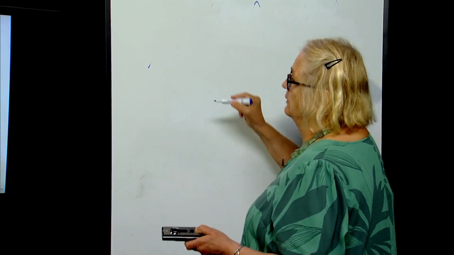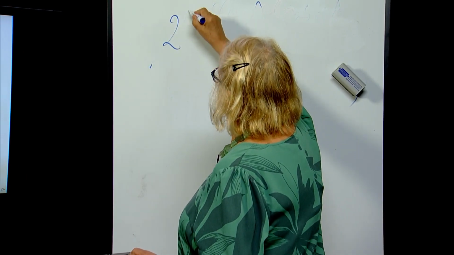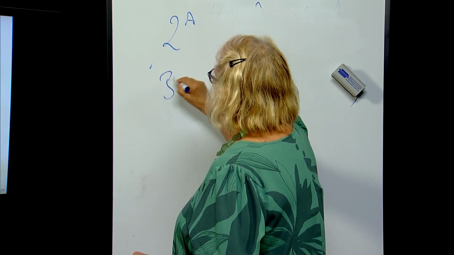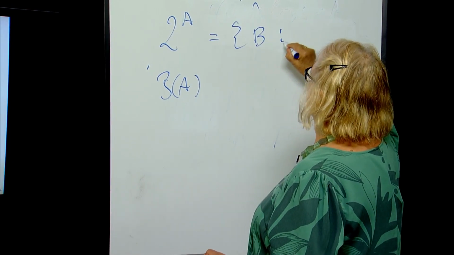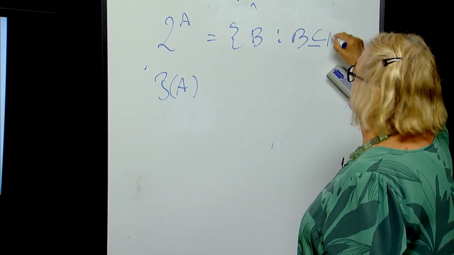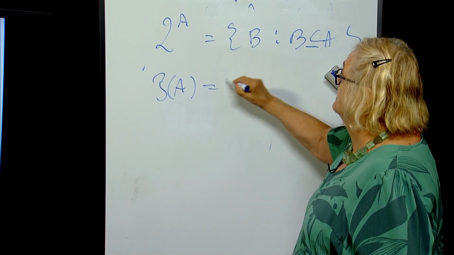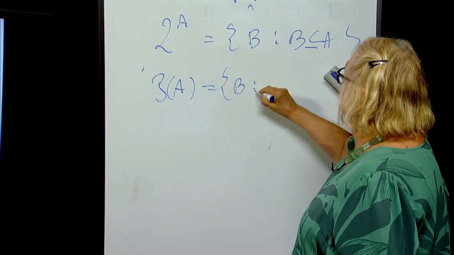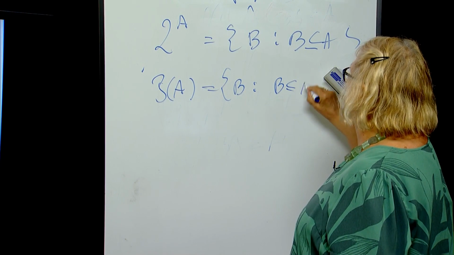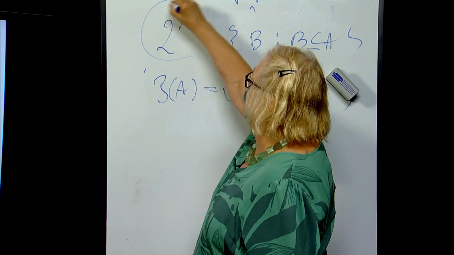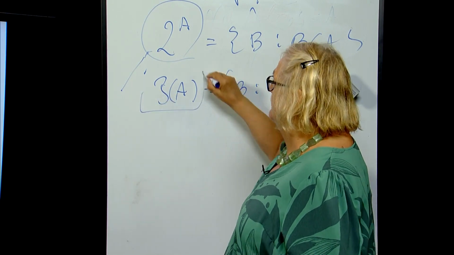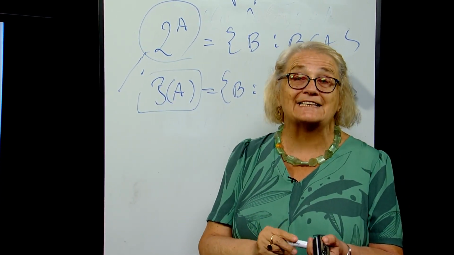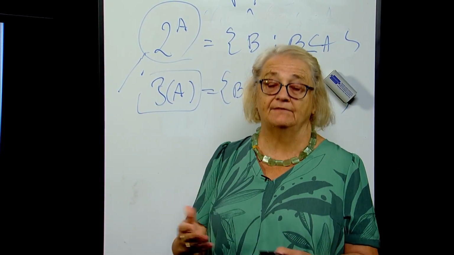So we will use two notations, P(A), which is the set of all B such that B is a subset of A, is the same set, but there are two notations, and the book uses mainly this notation. This is another notation for the set of all subsets of a given set.